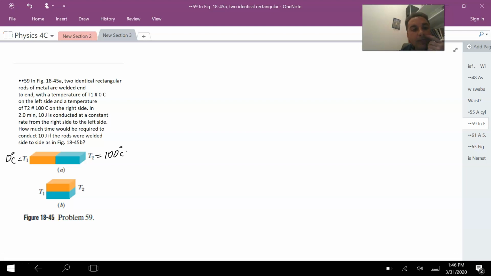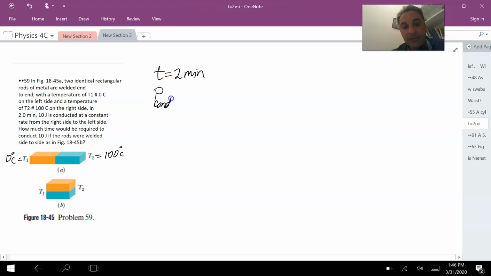In 2 minutes, 10 joules. So when time is 2 minutes, 10 joules conducted. So P conduction, how much is? 10 joules. So this is in part A, okay?